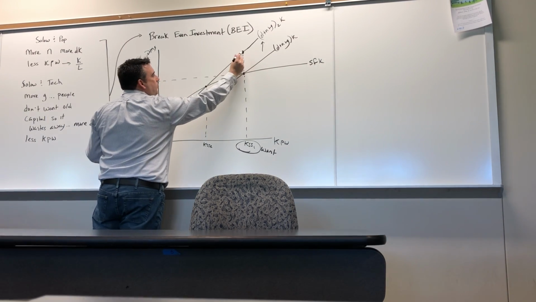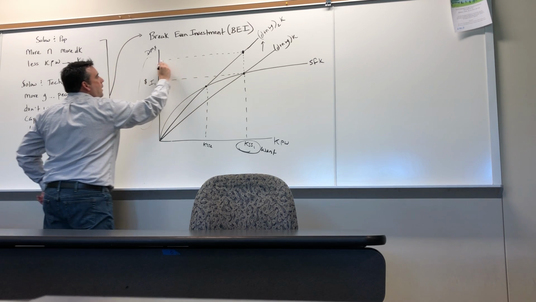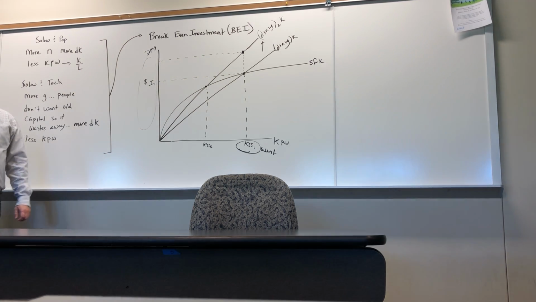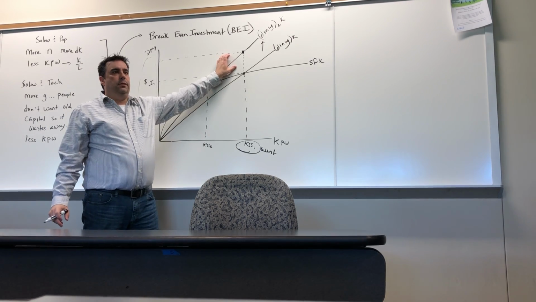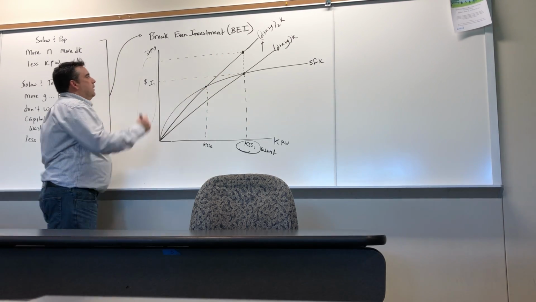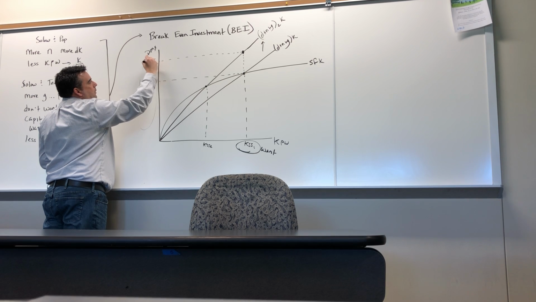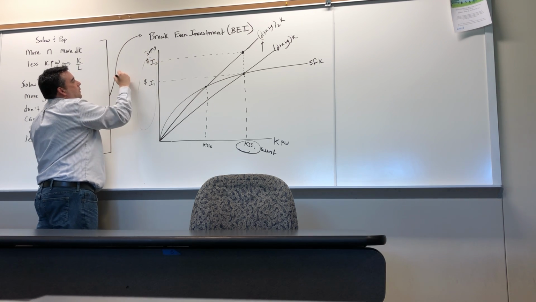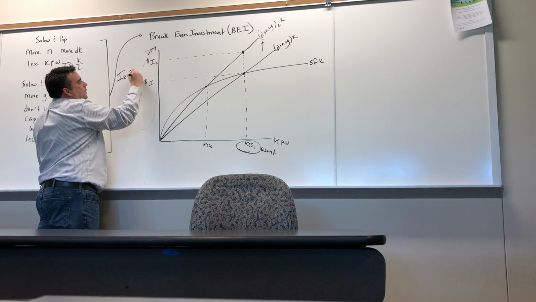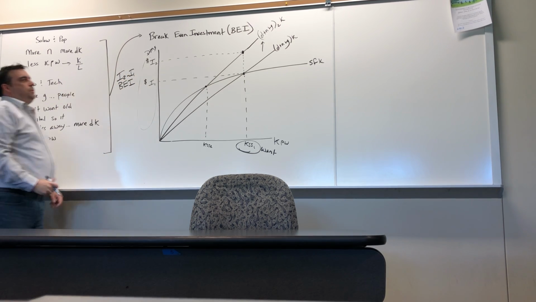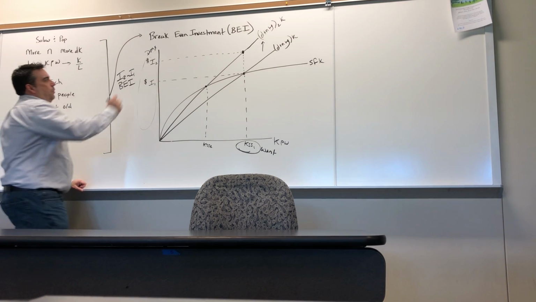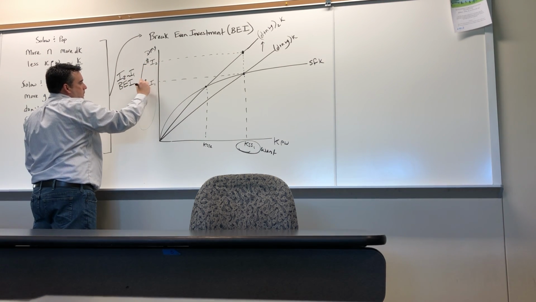This is some amount up here that we need to save in order to cover the extra depreciation. This is I2. BEI is equal to I2 minus I1, or this distance.